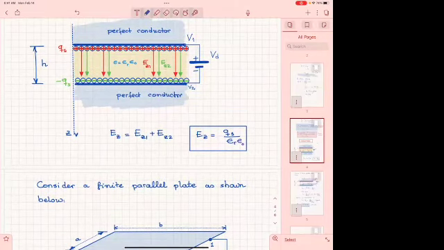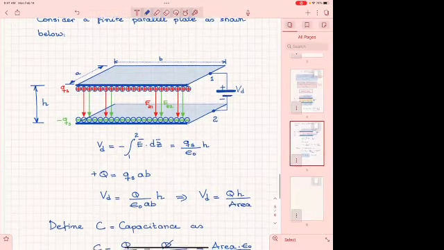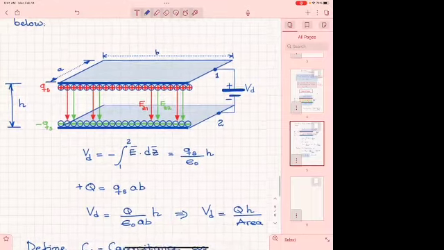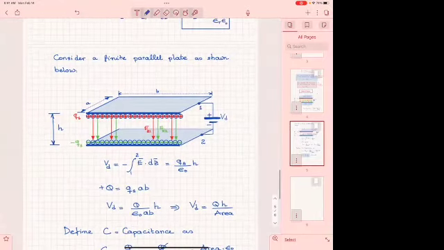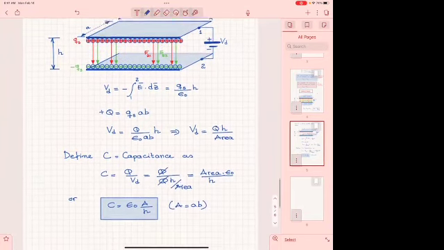Now we go to something more practical. We say, okay, let us now assume that we do have two plates, like we normally have in a capacitor. And for a moment, I will assume that this is air, but now, as you know, we can put any dielectric in between these two.